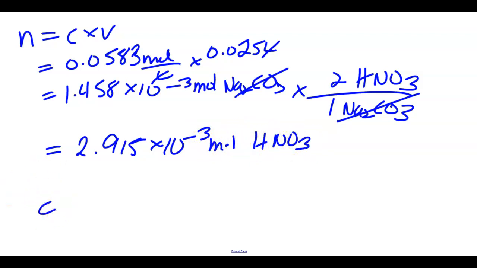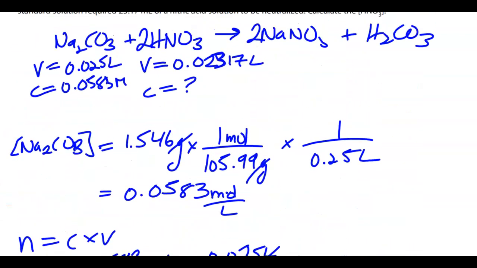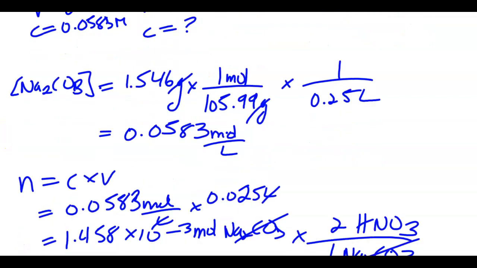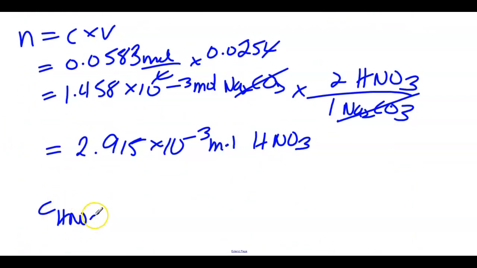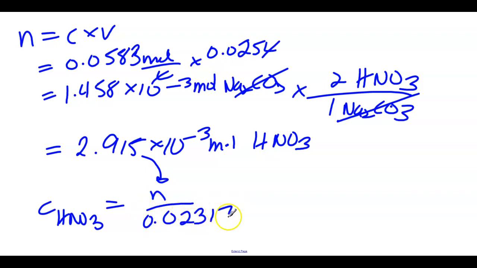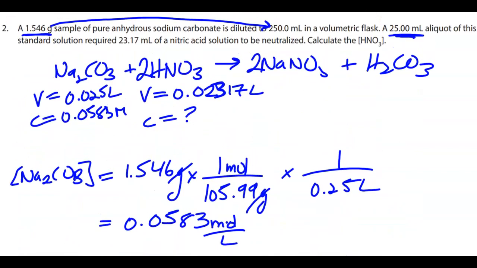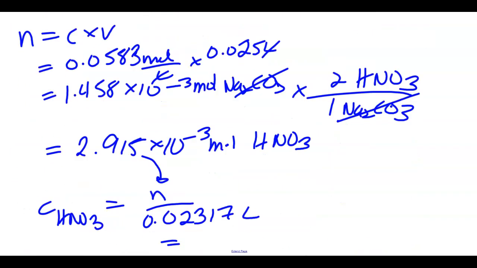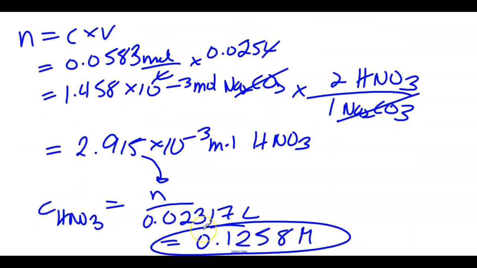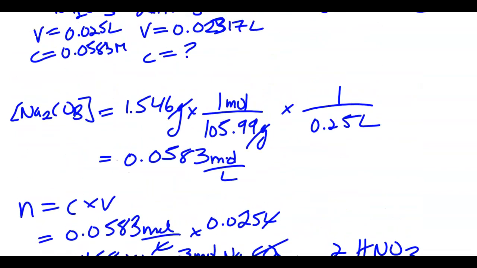So then to solve for the concentration, we have the volume and we have the moles, so we're just going to do N over V. The concentration for nitric acid is going to be our moles divided by our volume, 0.02317 liters, which gives us an answer of, let's see, sig figs, 4, everything's 4 actually, so 0.1258 moles per liter.